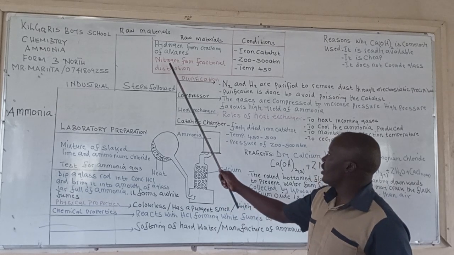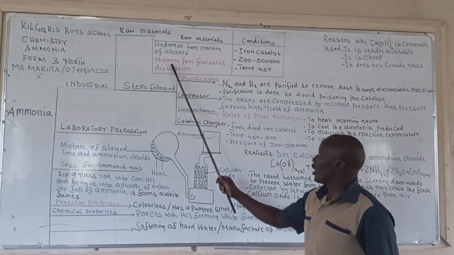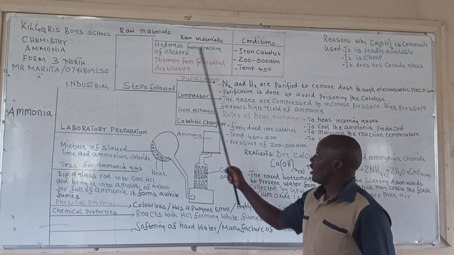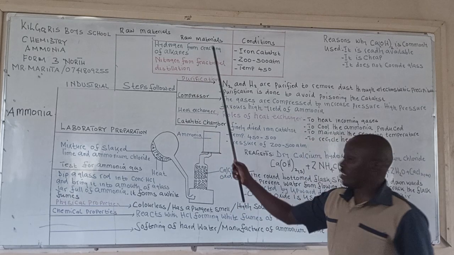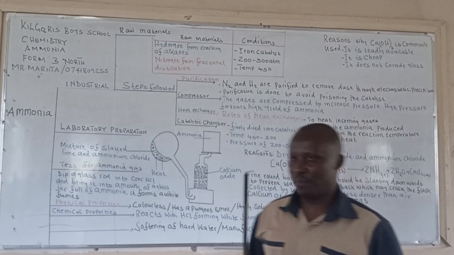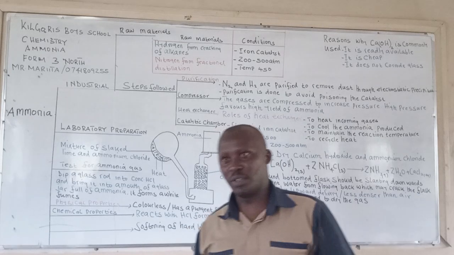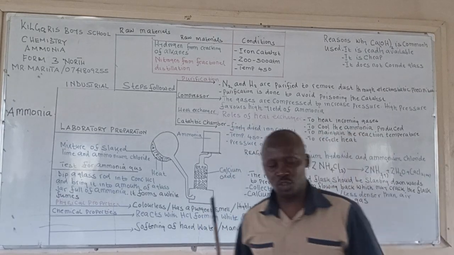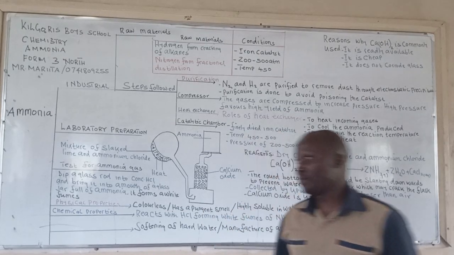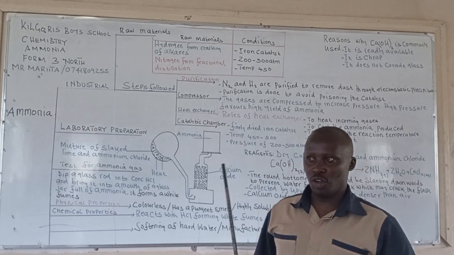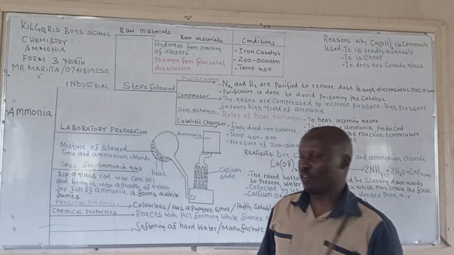Another material is nitrogen, which you can obtain from the fractional distillation of liquefied air. As in my earlier discussion on the isolation of nitrogen from air, the gases are first purified to remove dust particles and impurities, and then passed through potassium hydroxide or sodium hydroxide to remove carbon dioxide.